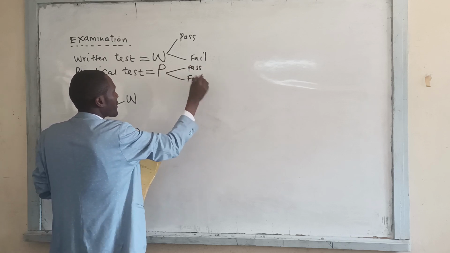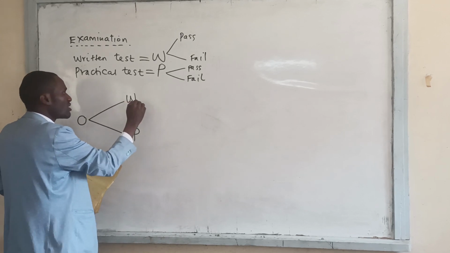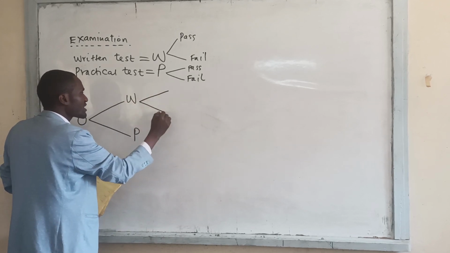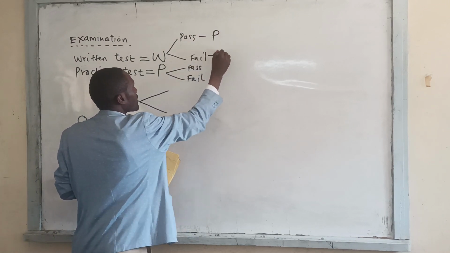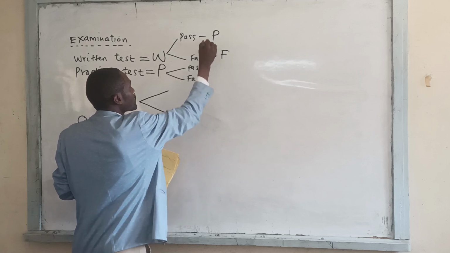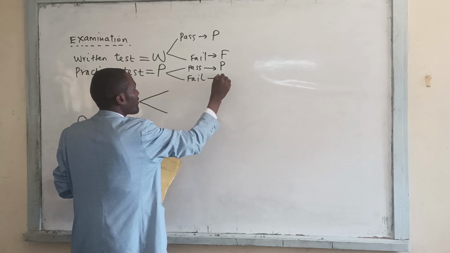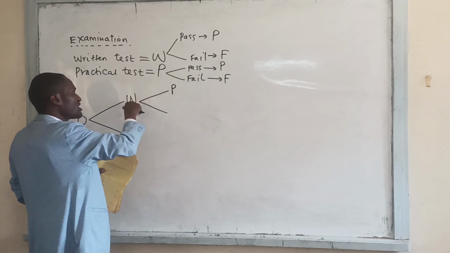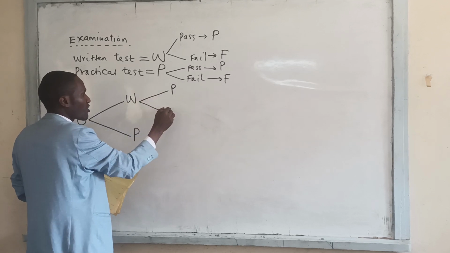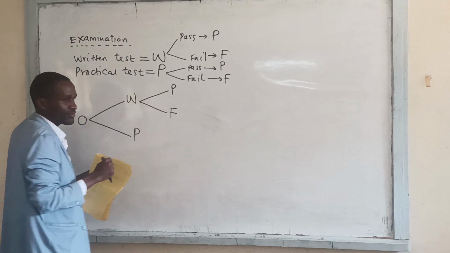So our written test can have a pass or a fail, and our practical test can also have a pass or a fail. I'll have a P to confirm that the written test has been passed, or an F to confirm that it has been failed.